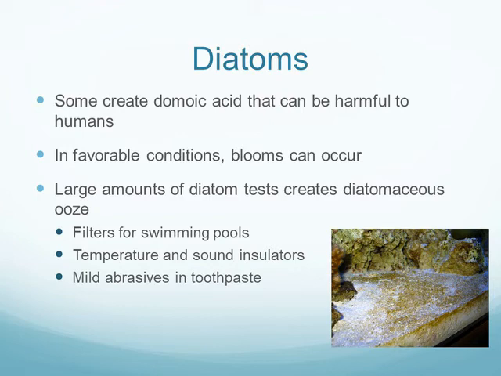Yeah, very similar symptoms to that. And when you have very favorable conditions, you can have blooms. So when I say favorable conditions, that means that there's a lot of nutrients, and when there's a lot of nutrients, they can reproduce faster and create more clones of themselves.